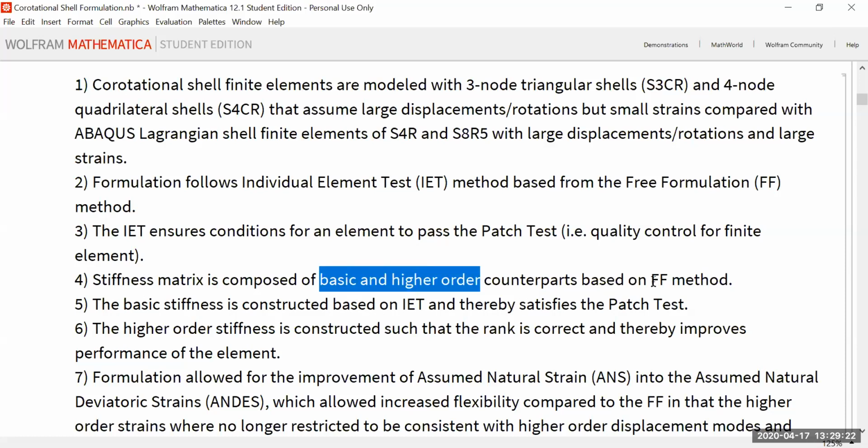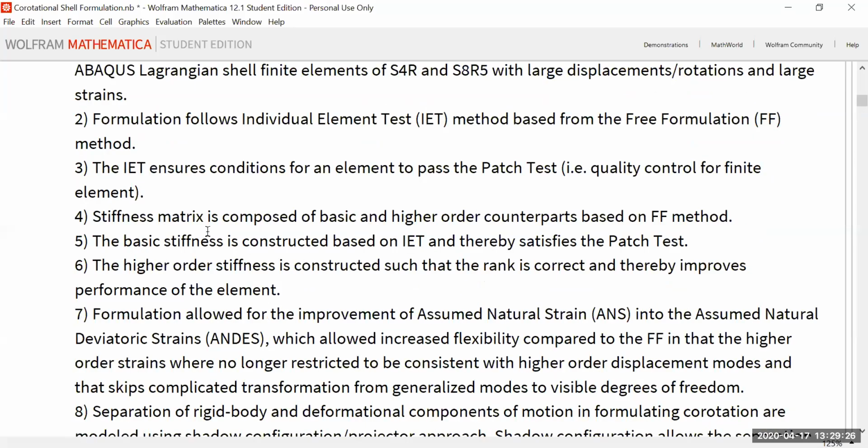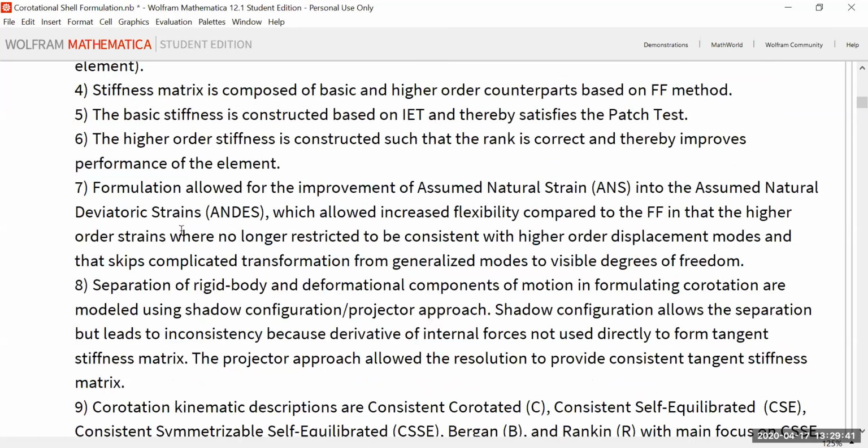And this is based off the free formulation method. Mainly why we do this is that the basic stiffness ensures that you're passing the patch test, and the higher order stiffness is so that you have the correct rank, so altogether you're improving the performance of the element.